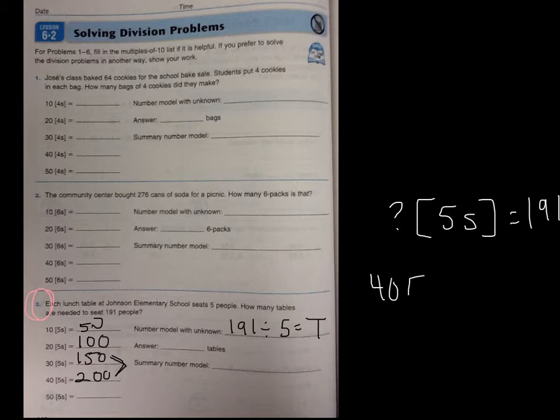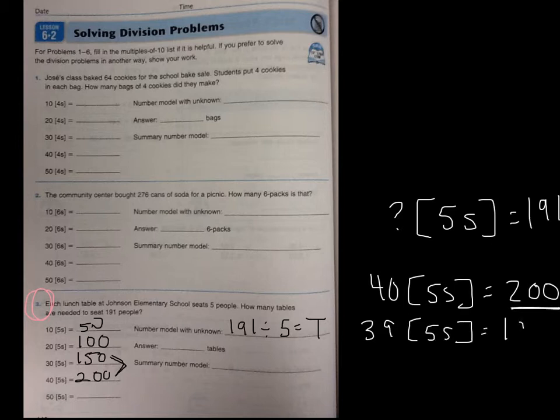We know that 40 groups of 5s equals 200. If we go one less group, 39 groups of 5s, if we subtract one group of 5 from here, we're at 195. It looks like that's the lowest we could go, because once we go to 38 groups of 5s, or one group of 5 less than that, is 190.